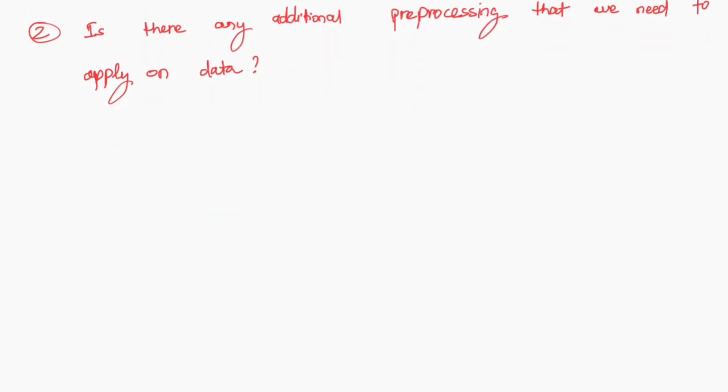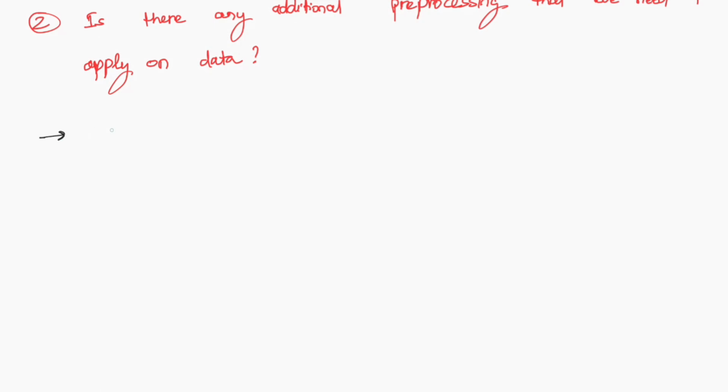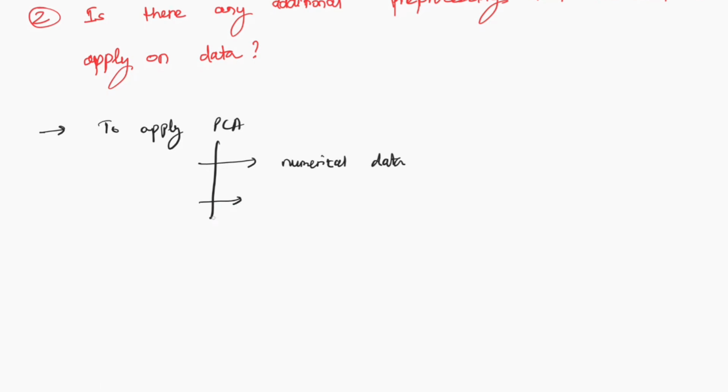Now, this is very important to know. Do we need additional pre-processing of data before applying PCA? So the first question is, what are the requirements to apply PCA? We must have numerical data. PCA is applicable only on numerical data. The second and third are not required but recommended. So we do the mean centering of data.